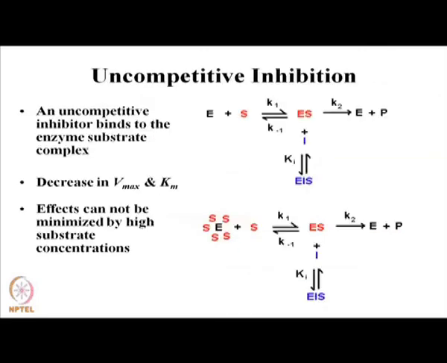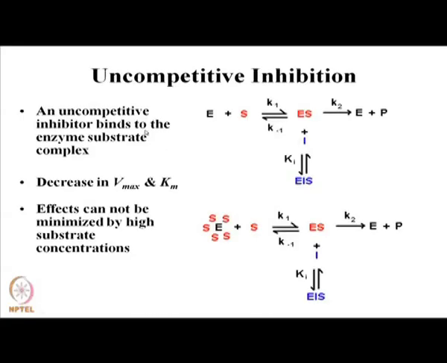Next is uncompetitive inhibition. Okay. What is uncompetitive inhibition? Your uncompetitive inhibitor binds to the enzyme substrate complex. Okay. It does not bind to your enzyme. Okay.